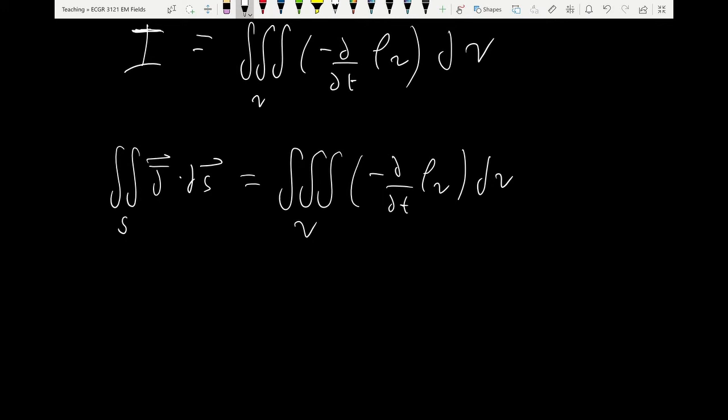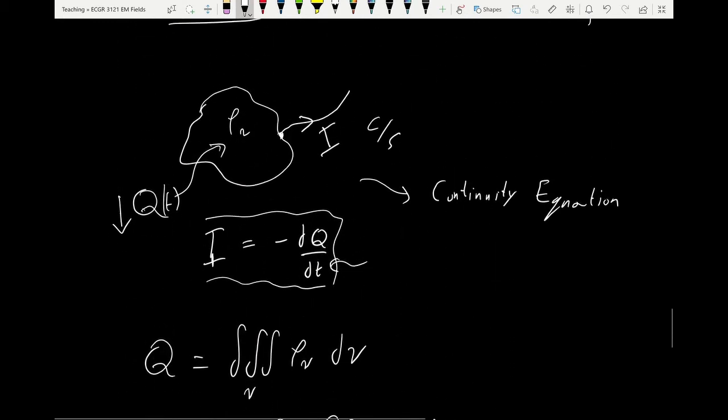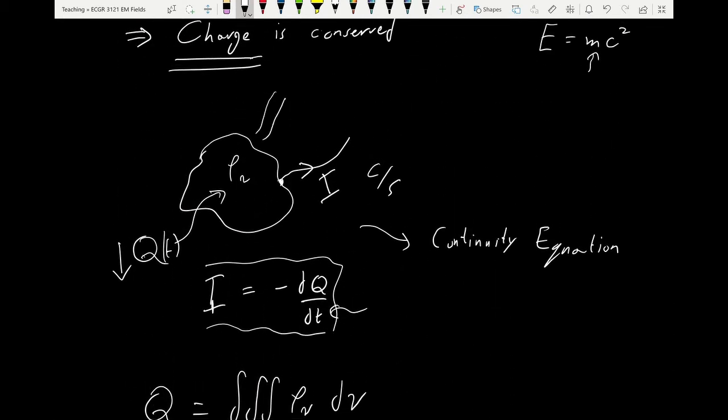But what I could do is apply the divergence theorem, right? If I have a surface integral, I can relate it to, oh, this is a closed surface. Why is it a closed surface? Because I'm studying this case where I have a current coming out of a closed, enclosed, finite volume of space.